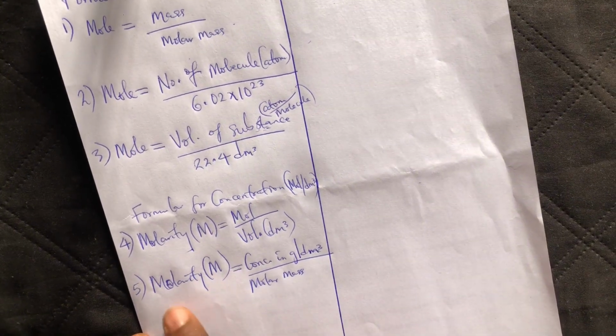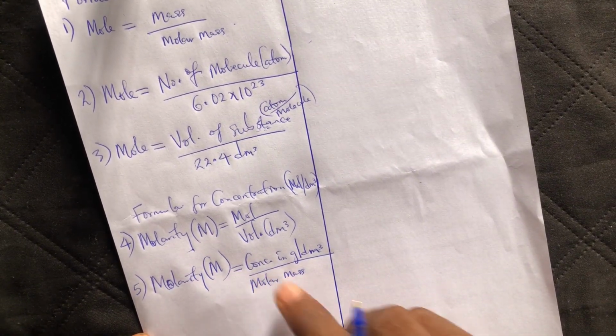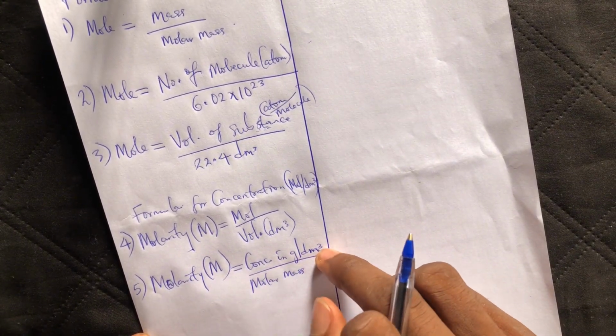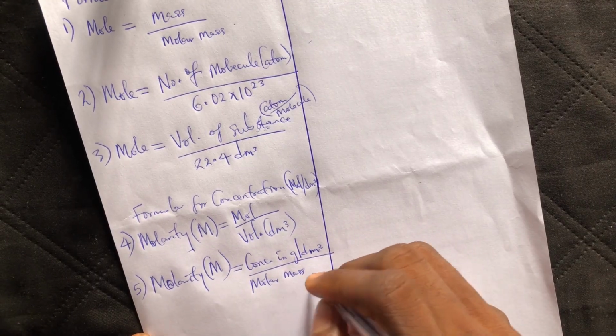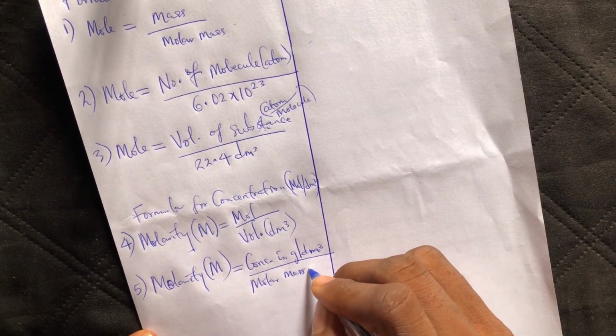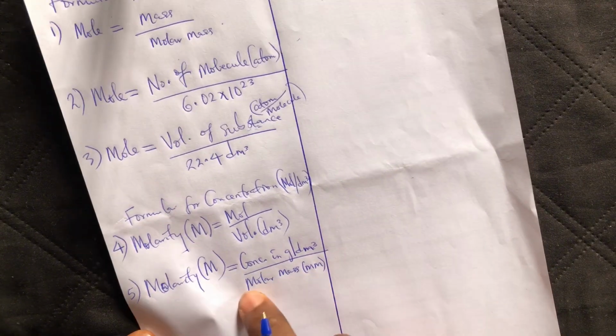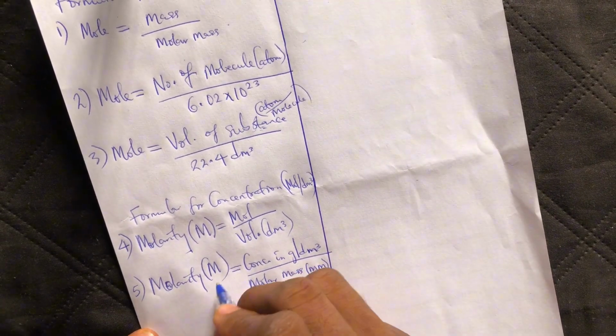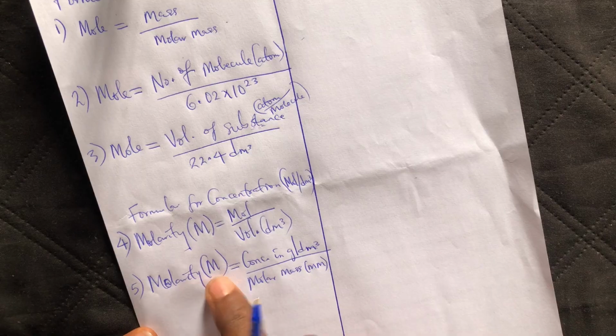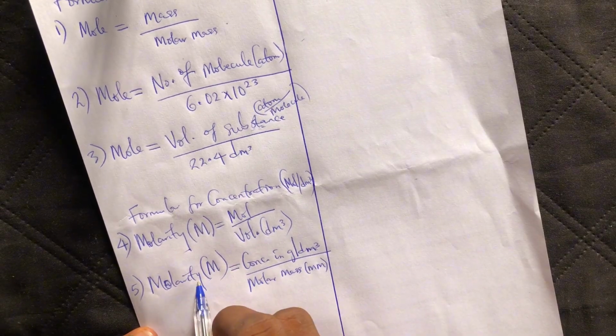The number 5 is molarity, equal to concentration in gram per dm cube over molar mass. You can use MM as your molar mass if you don't want to write it out like this, and you can use this big M as your molarity if you don't want to write in full.